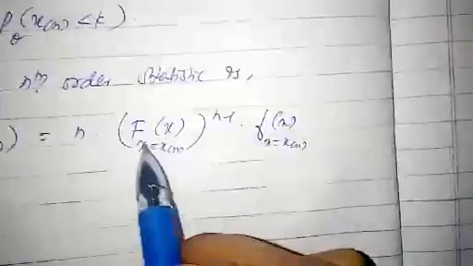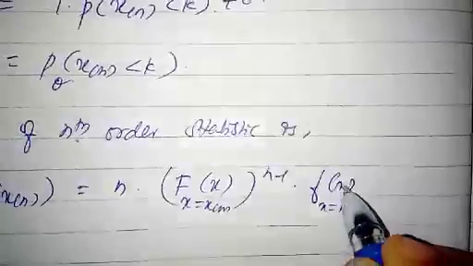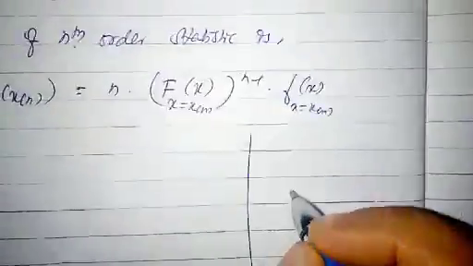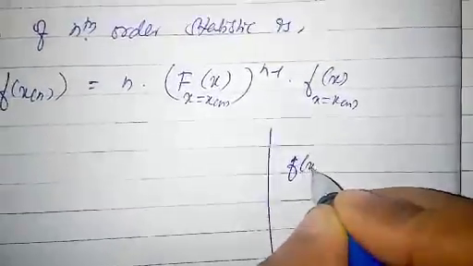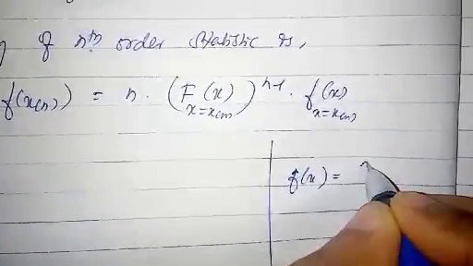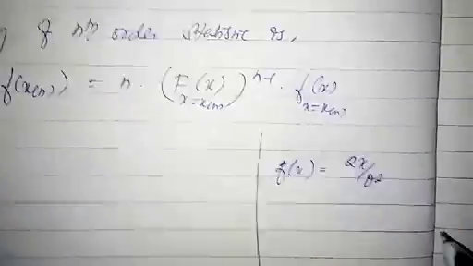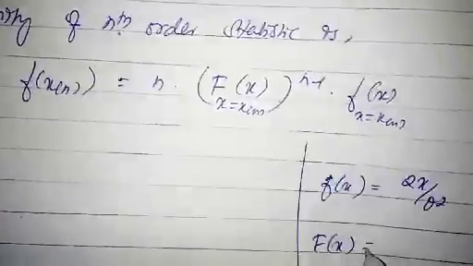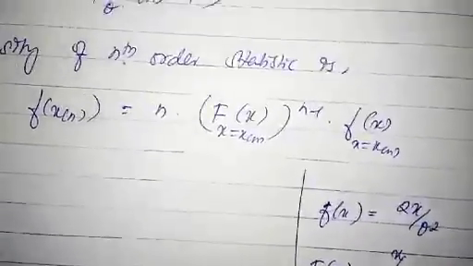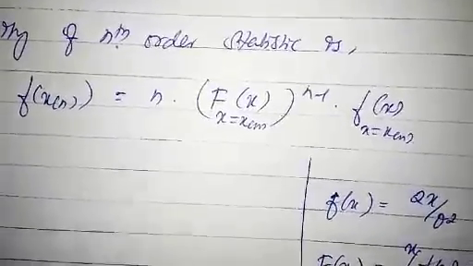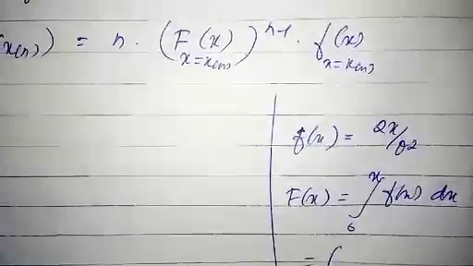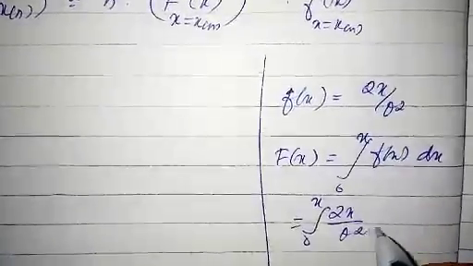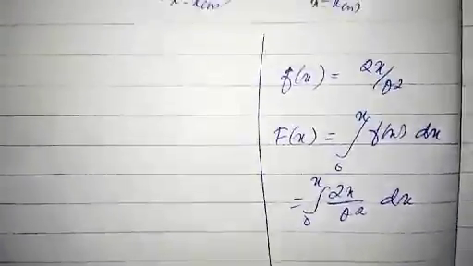So we have to find out what is F of x. Here in this problem it is given that f of x equal to 2x divided by theta square, right? So we have to find F of x, that is integral from 0 to x of f of x dx, which is equal to integral from 0 to x of 2x divided by theta square dx.